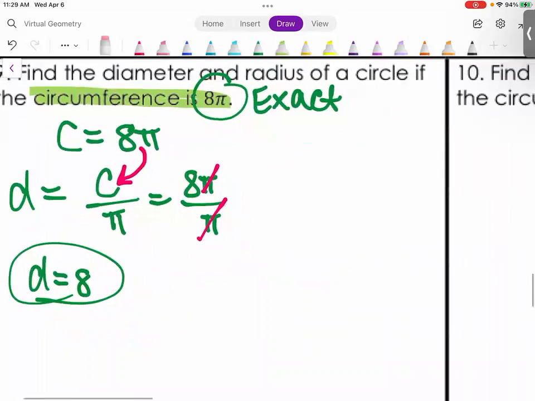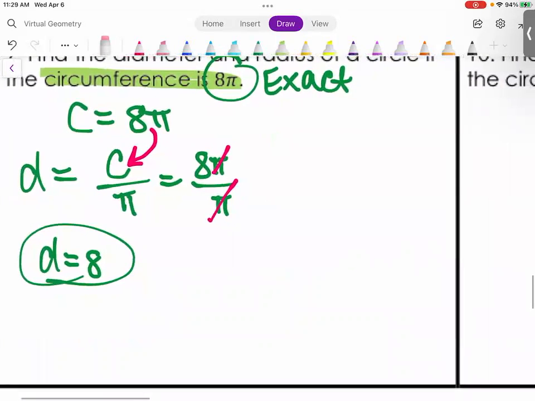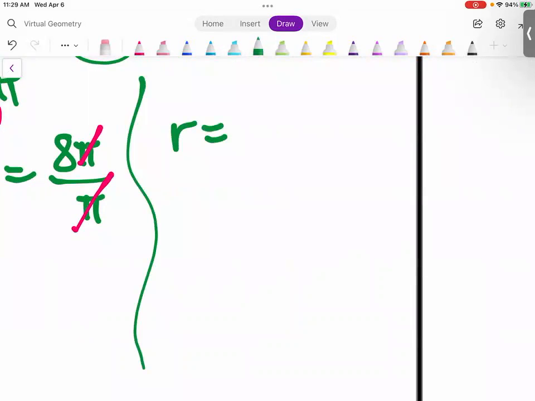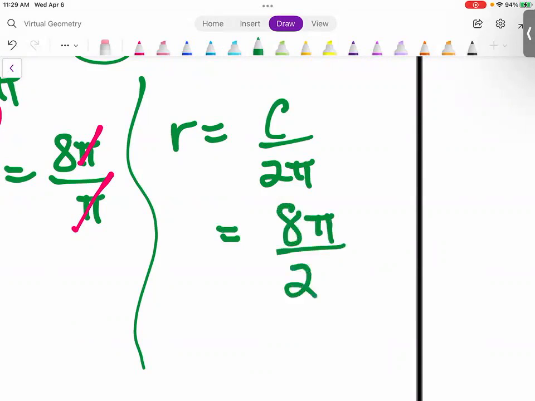Now let's do the radius. Our radius formula says circumference divided by 2 pi. All right, so my circumference, which is 8 pi, divided by 2 pi from the formula, again, the pi's will cancel out.